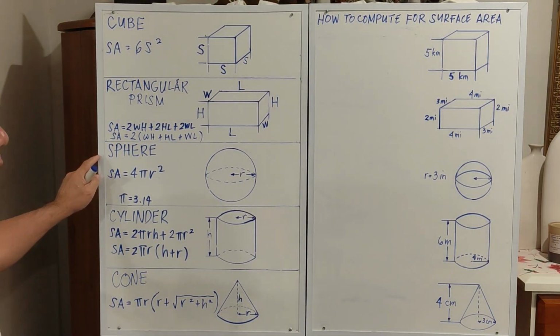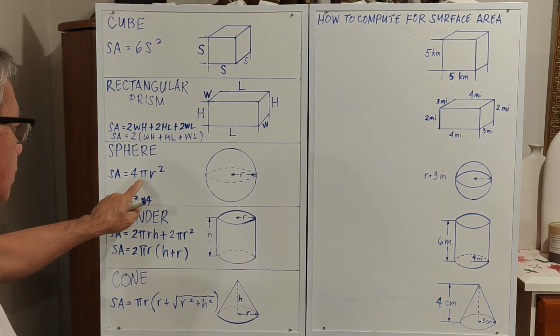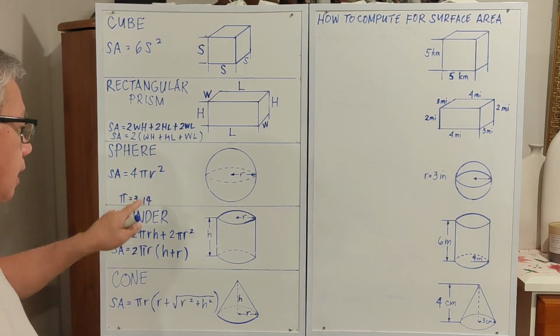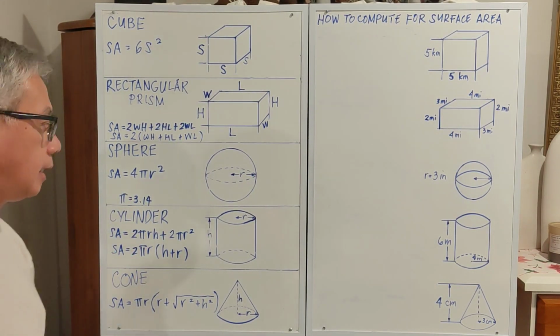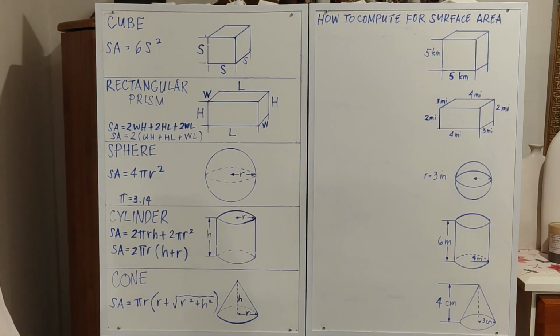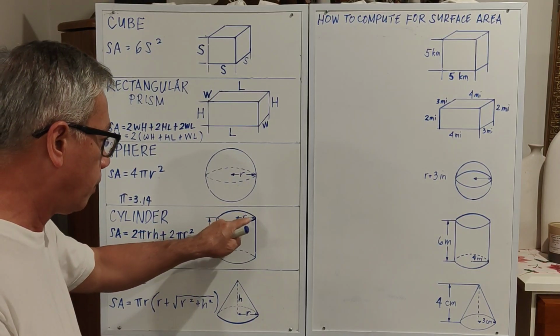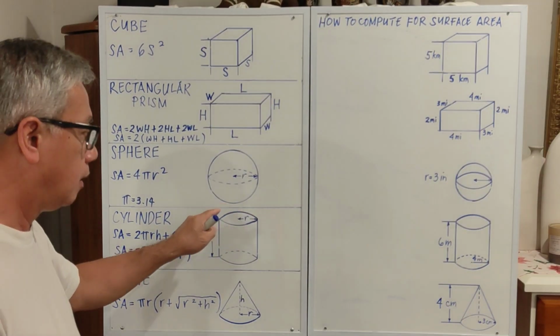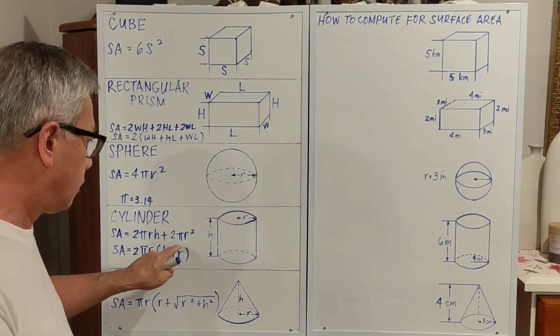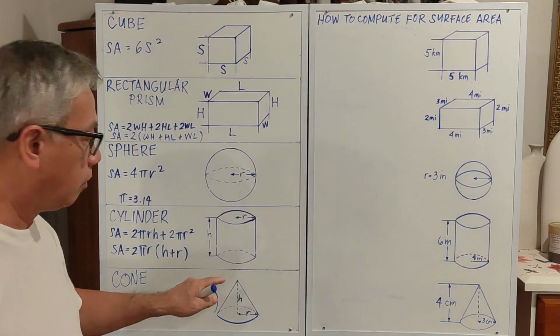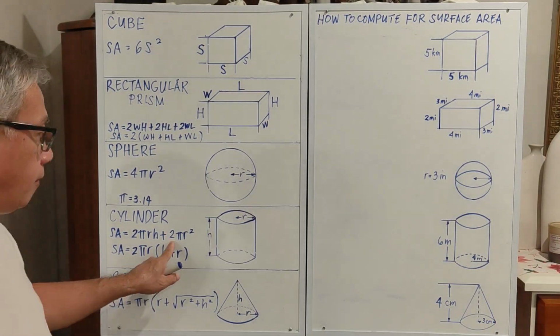For the sphere, the surface area is 4 times pi times r squared, where pi is 3.14. For the cylinder, the circle on the top is pi r squared, the area. But since there's one on top and one on the bottom, we multiply it by 2.